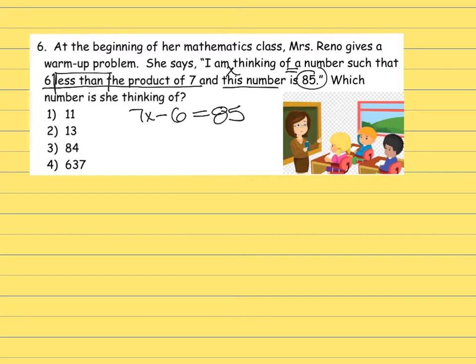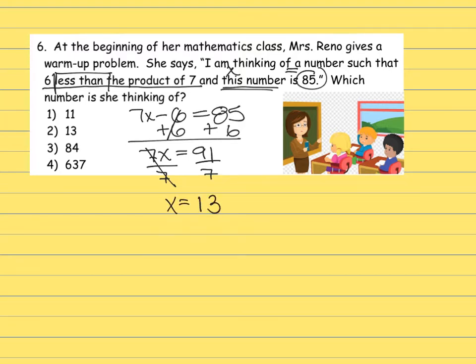Since x represents the number we're solving for, we're going to solve this equation using inverse operations. The unknown number that Mrs. Reno is thinking of is 13. Choice 2.